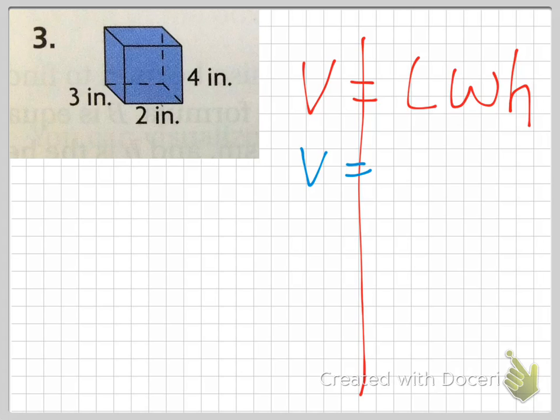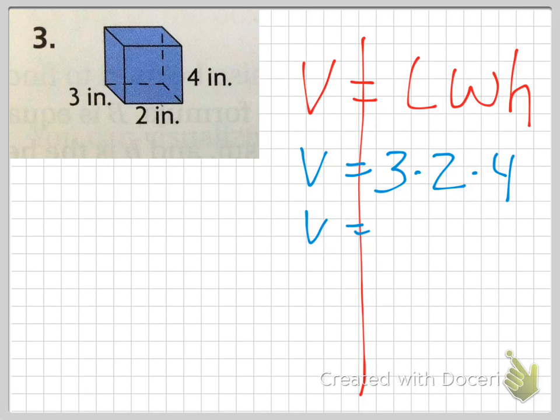V equals, it actually doesn't matter which goes where. Don't get confused on which is length, which is width, which is height, because it's going to give you three numbers and you just multiply them all together. So I'm going to throw them in, 3 times 2 times 4. When I multiply 3 times 2, I'm going to get 6.